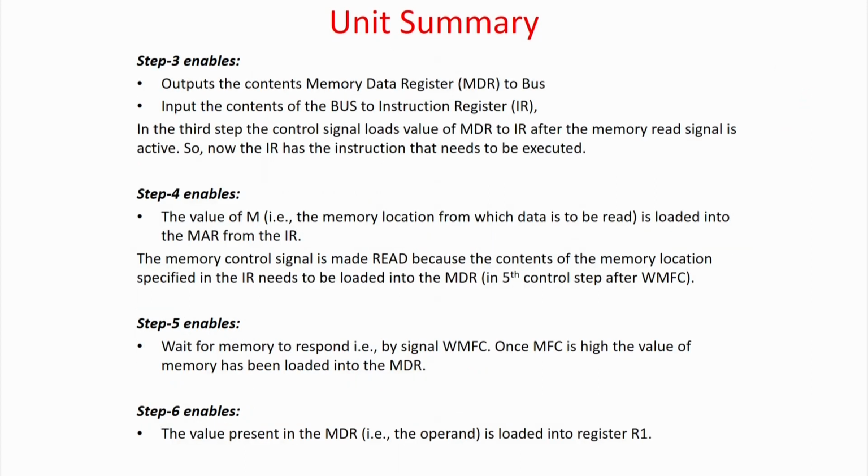In the third stage, what happens? Output the memory data register to the bus, because in the second step you already know that the memory is now ready. After the memory says that it is ready, that means it has dumped the content of the memory location which was pointed to by the memory address register into the memory data register. The third stage starts whenever the memory says that I am ready.